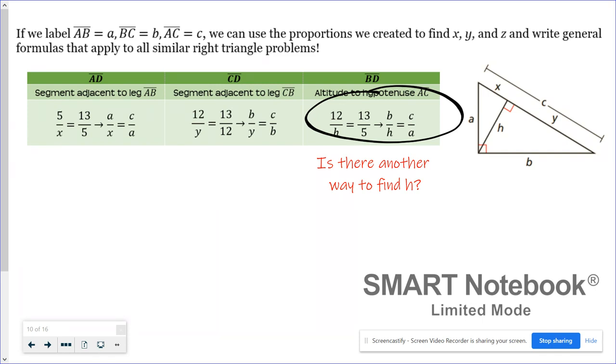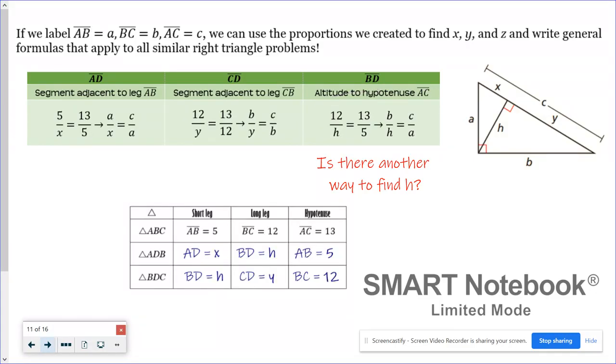Is there another way we can find H that doesn't involve working with 4 quantities? And what we discovered looking at this table that we created is right here.